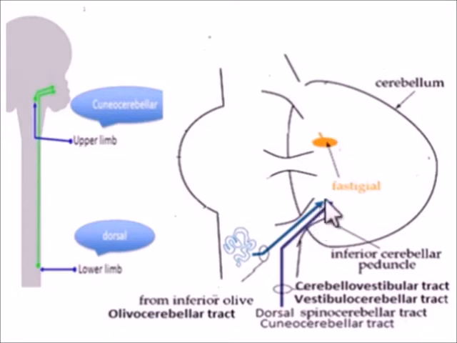And the inferior olivary nucleus in return gets a tract from the spinocerebellum which is called the cerebello-olivary tract. So this is also a to and fro tract between the spinocerebellum and inferior olivary nucleus. So these are the tracts which pass through the inferior cerebellar peduncle.